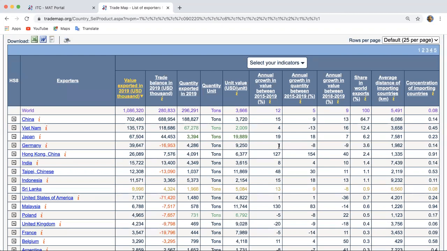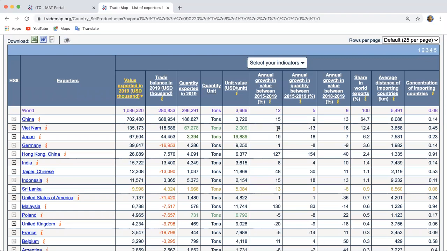It's also interesting if you look into, for example, Japan. It's growing at 19%, which is higher than the global average exports of green tea. So we can say that Japan is growing faster. It's growing its exports of green tea faster than the world average exports of green tea. So Japan is gaining market share.